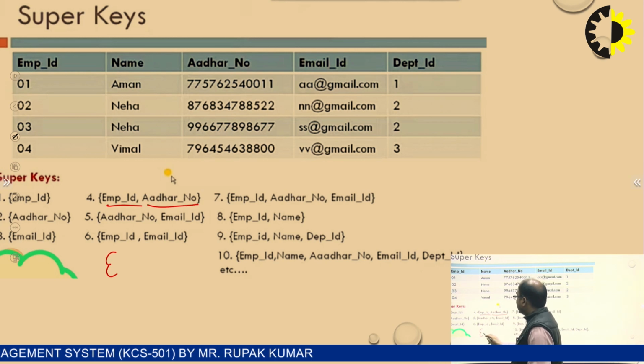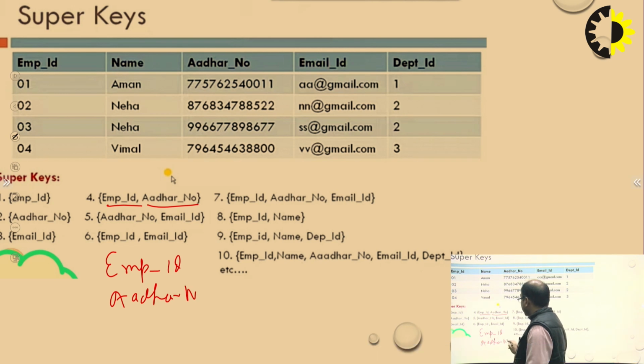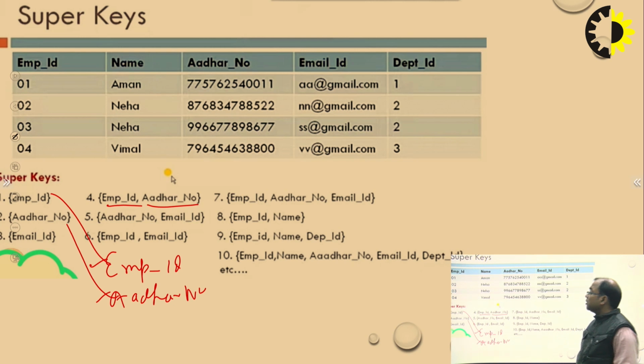It is EMP ID. Another subset is Aadhaar number. These are the two subsets. If these two subsets are also a key, then this is not minimal.